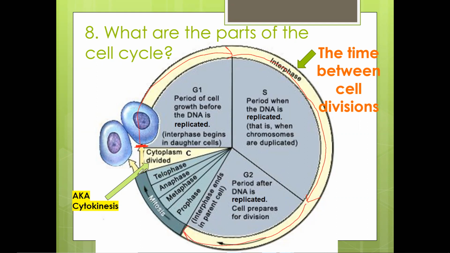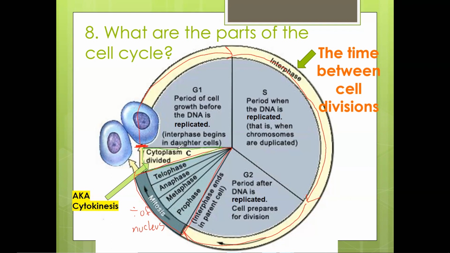And then in this little pie chart section is where we have mitosis. And mitosis is the division of the nucleus. So basically, our cell is going to prepare its DNA and divide its DNA, and then after all the DNA is divided up, in this tiny little section right here, the rest of the cell divides.